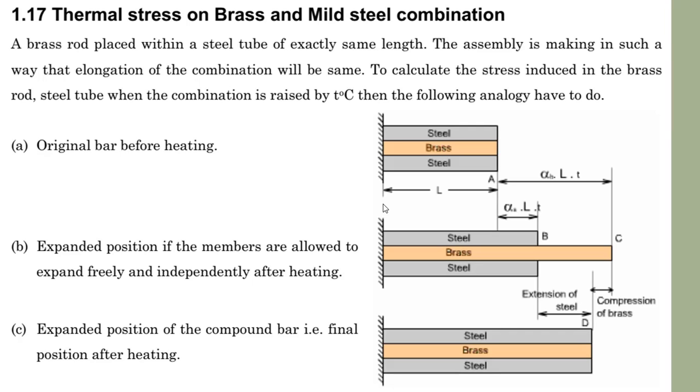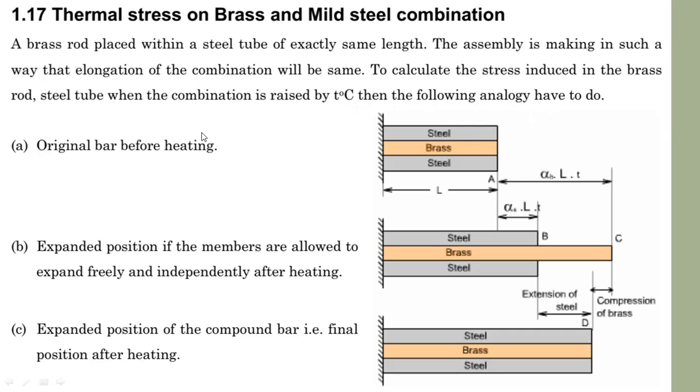The brass rod is in the middle and the steel is at the top and bottom. The assembly is made in such a way that the elongation of the combination will be the same. To calculate the stress induced in the brass rod and steel tube when the combination is raised by T degrees centigrade, the following analogy has to be done.